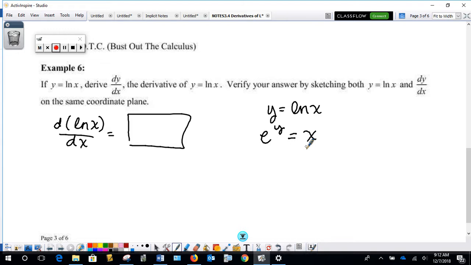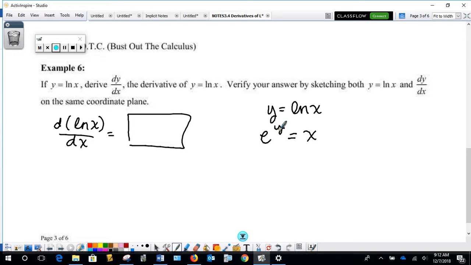Is everybody okay with that? By rewriting it that way, I now have a function I know how to take the derivative of. You may be thinking, but wait a minute, there's not an x here, there's a y. y is a function. If I called that g, would that make sense to you?